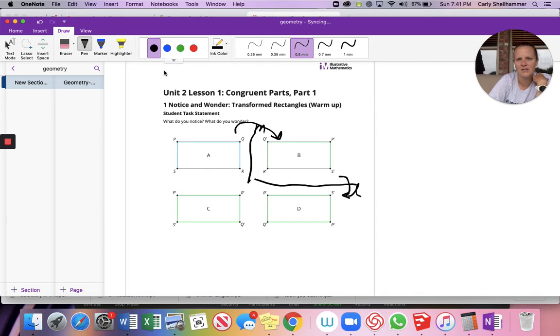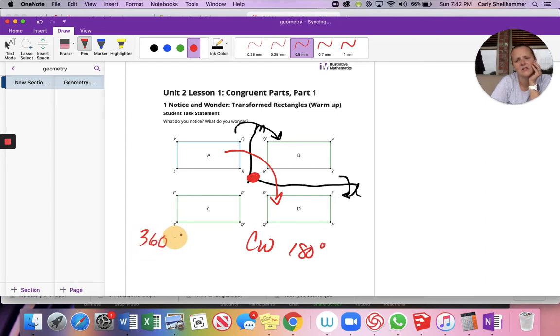But I could also say that this was a rotation. Like I could do A to D, a rotation clockwise 180 degrees, which is pretty cool too. I could rotate A all the way back to A as a 360 degree rotation.